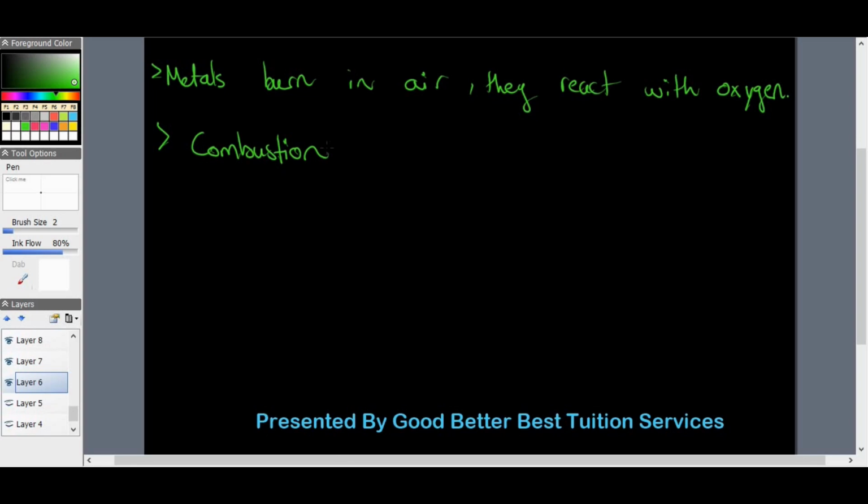To carry on, when metals react with oxygen, so if I get a metal of any type and I react it with oxygen, the product that is formed is called a metal oxide. We've seen metal oxides already when we were balancing equations previously.